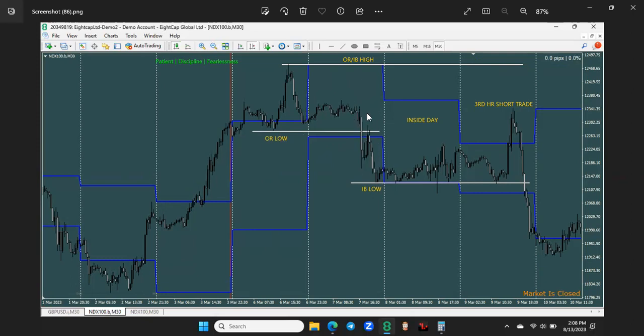So now we have our initial balance high and our initial balance low set going into Wednesday. Now, as you can see here with Wednesday, price was just in a range. Then we get a false break of our initial balance low during our New York session, and we continue in a trading range.